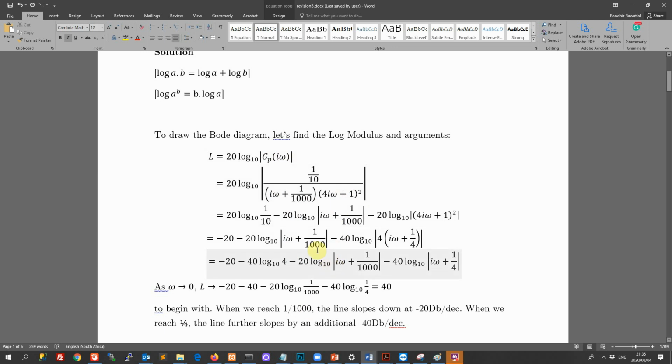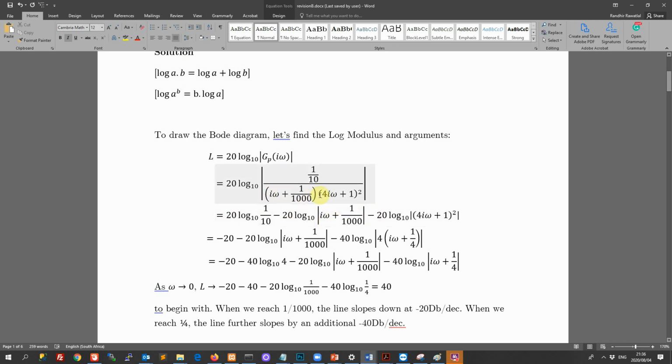And then we just have to start using the properties of logs. First of all, we can separate these three groups of factors using the product rule, I guess we can call it the product rule for logs. We split out the 1 over 10 here, and then we split out this term in the denominator.